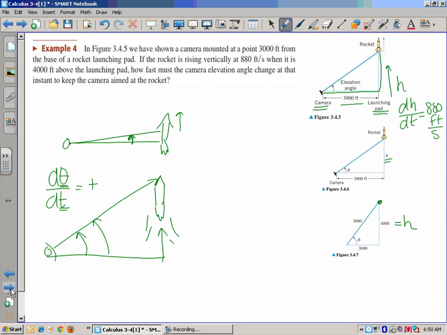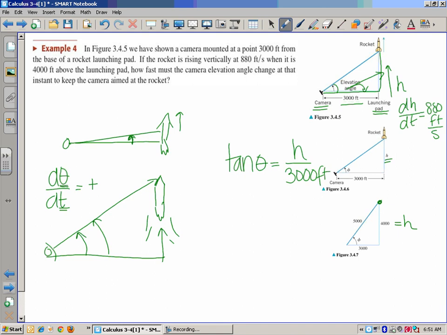Which trigonometric identity will relate this angle with this side and this side? I'm hoping you're all saying tangent theta equals the height over 3,000 feet.